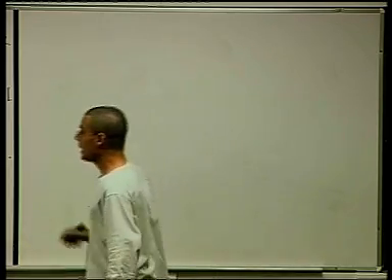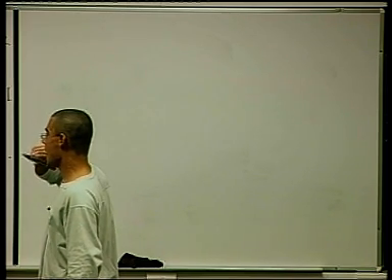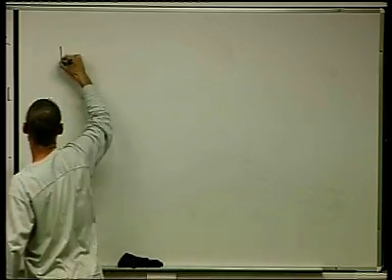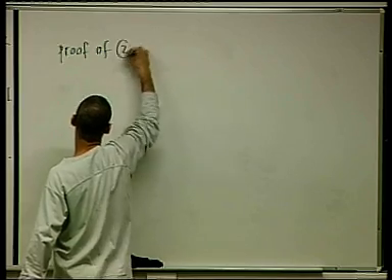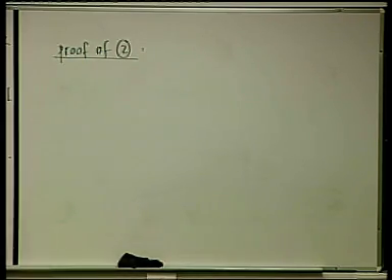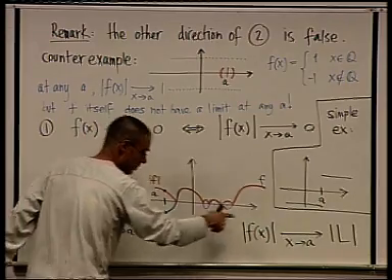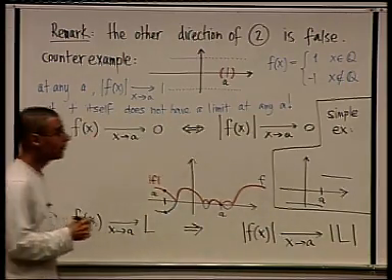So let's prove number 2, for example. Proof of 2. Let me remind you what 2 was. 2 was the statement that if f approaches a limit, then the absolute value of f approaches the absolute value of that limit.